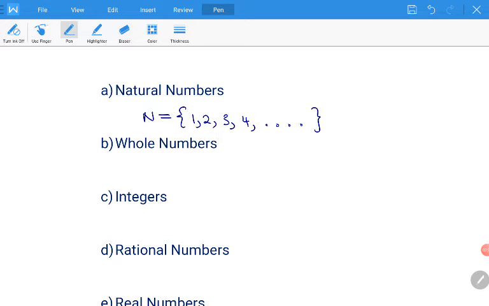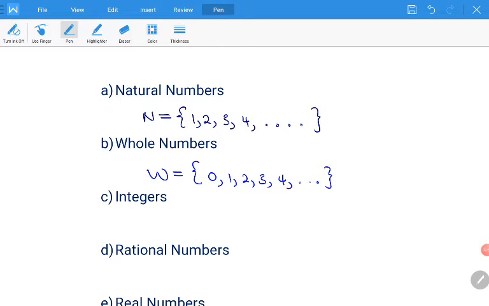So to give a set of whole numbers, we write W equals 0, 1, 2, 3, 4, and so forth. So this is the difference between whole numbers and natural numbers.